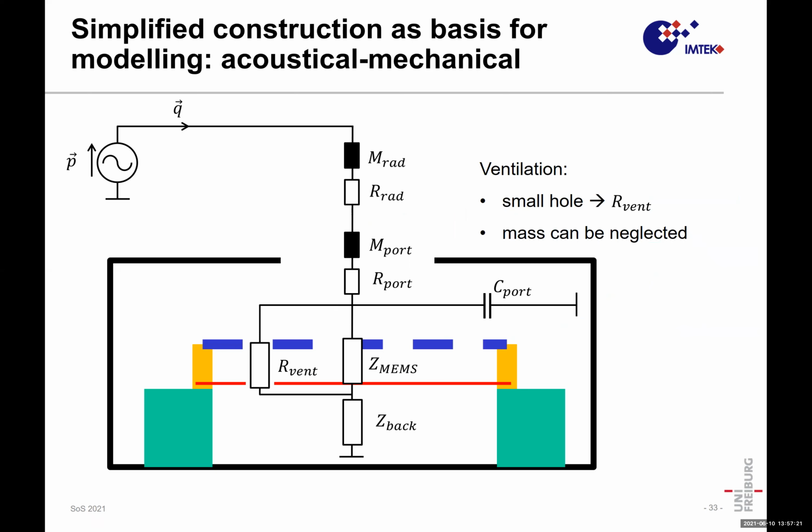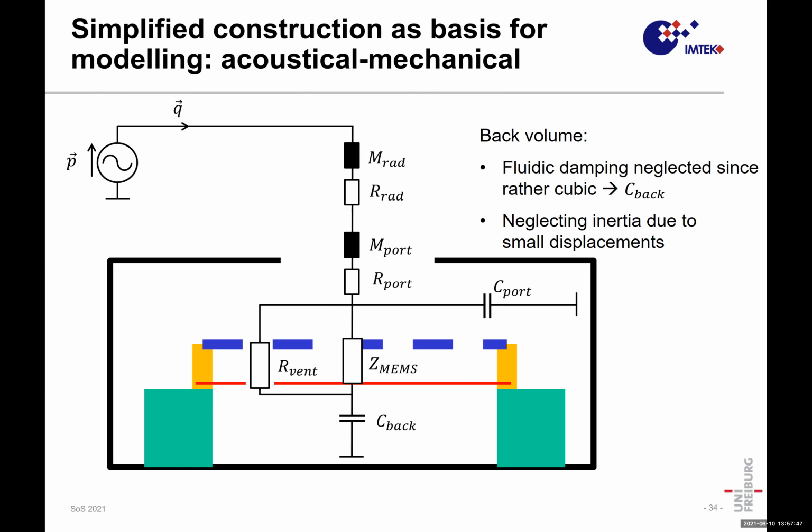Next, we do the simple one, the ventilation, where maybe we have only a small, tiny hole in our diaphragm. This tiny hole will have nearly no mass effect, and the spring effect we can neglect, but it is a high resistance. So the high resistance will certainly dominate here because we have only one hole. Then we come to the back volume.